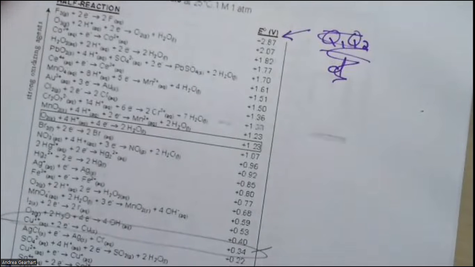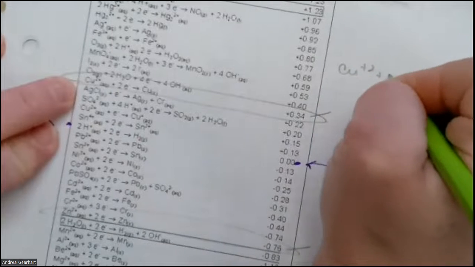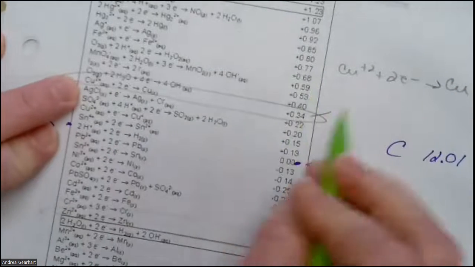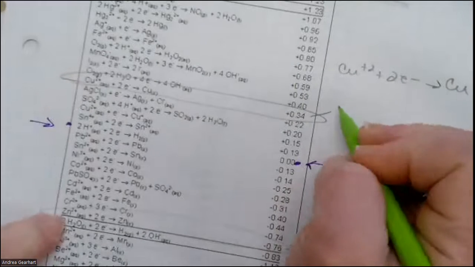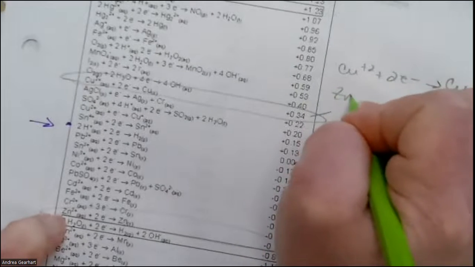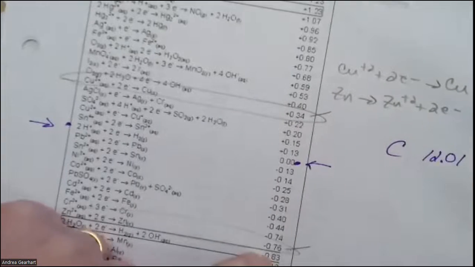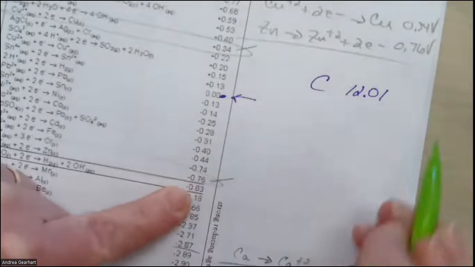Okay, so what would be the cell total potential for copper plus 2 for the battery that we made? So this 0.34 volts, and then the zinc was becoming zinc ion, and that will be 0.76 volts.